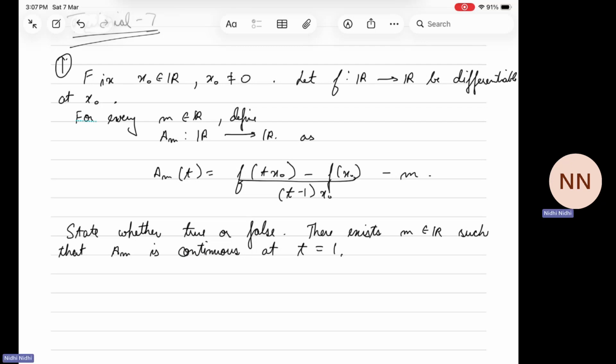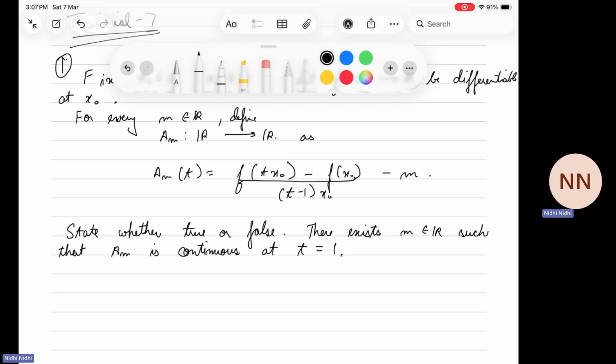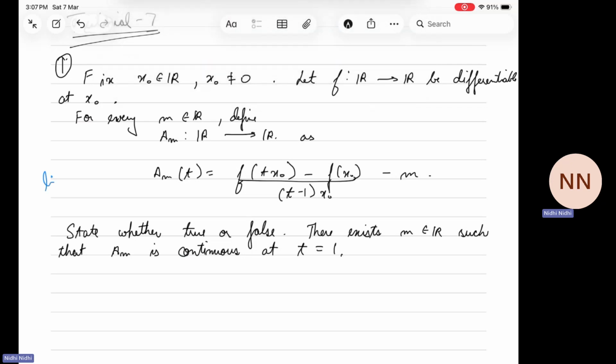So basically we need to see whether this function A_m can be continuous at t equals to 1 or not. For continuity, we know that this limit should be equal to the value. That means limit t tending to 1, A_m(t) should be equal to A_m(1).